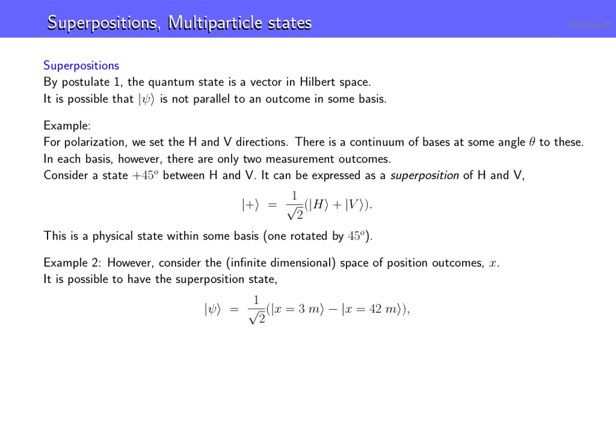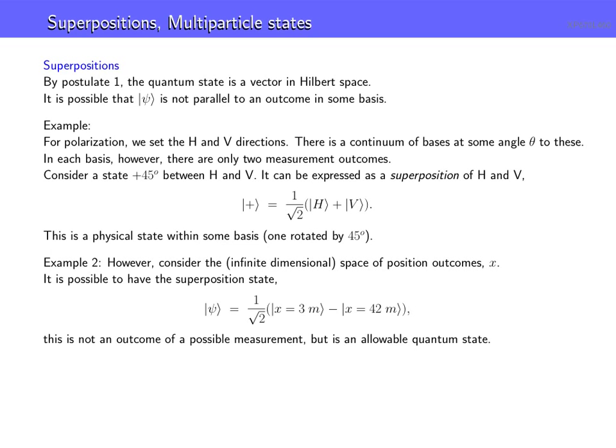And again, such discrete position outcomes are a little bit artificial, but this is just to get the point across. But the thing to note is that this particular state is not a possible outcome of any measurement.